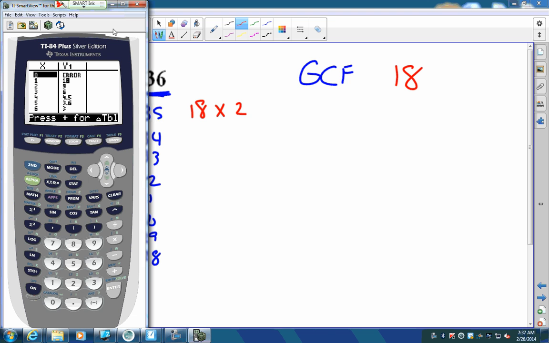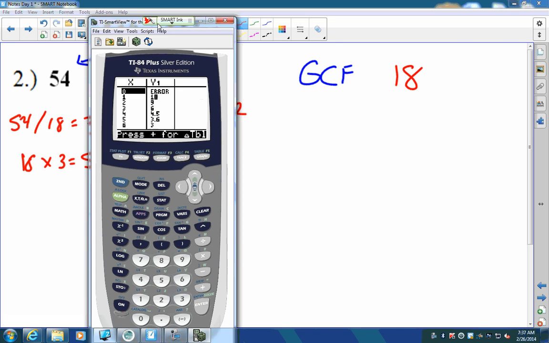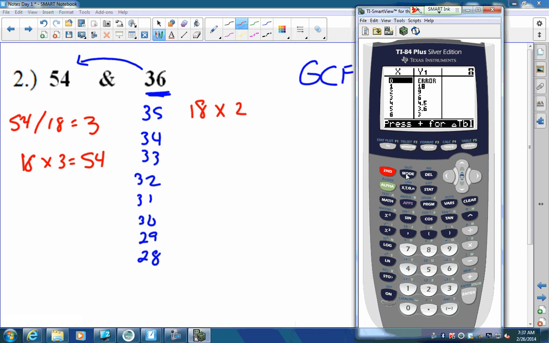Close link, clear ink. Maybe. We'll hope it works. All right. So in the home screen right here, ready? You're going to press math. See the math underneath the alpha? Arrow over to where it says number right here. Then we're going to go to number 9.